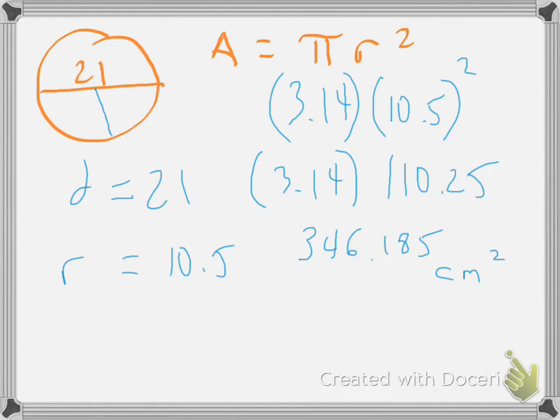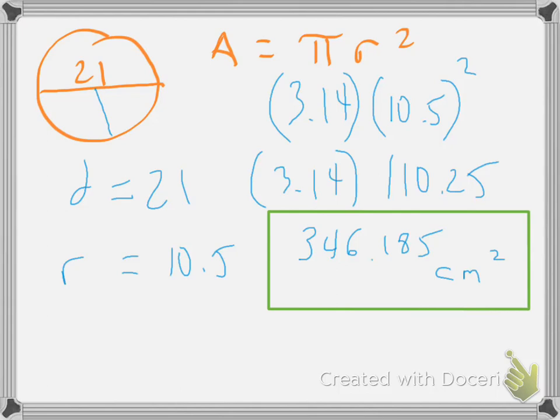Is that a good final answer? It's good enough for me. There's no request about where to round it. That's as fine as we can make it. But if you did want to round it, you could do 346.19 or 346.2.